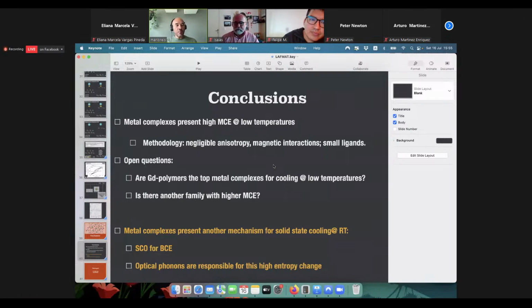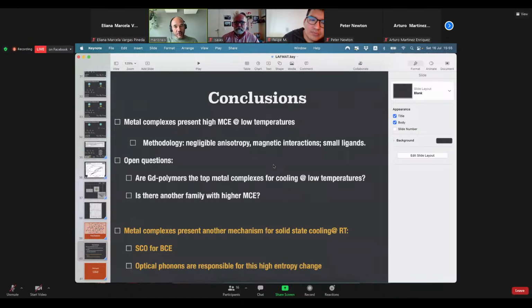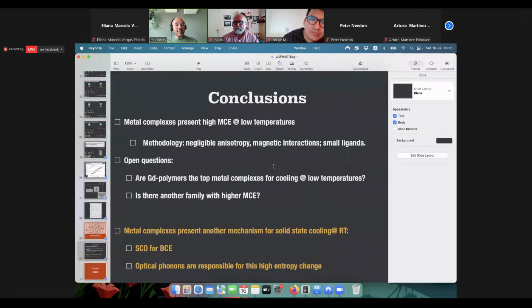People are making composites, like Professor Zhang asked, preparing composites with several properties that you can access.